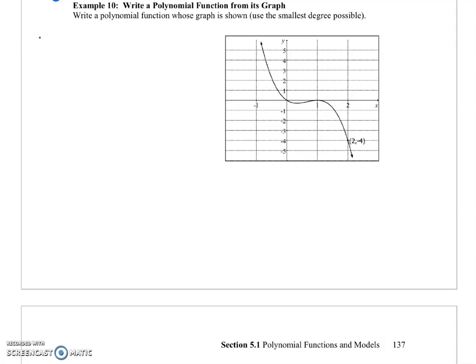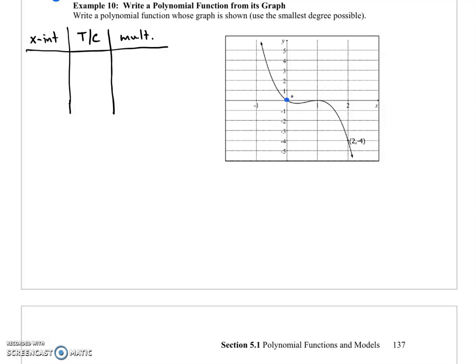So again, let's list our x-intercepts, the touching or crossing, and then what that means for the multiplicity. So if we look at our x-intercepts on the graph, we have 2. We have x equals 0 and we have x equals 1. The graph crosses at 0, so that means a multiplicity of 1.